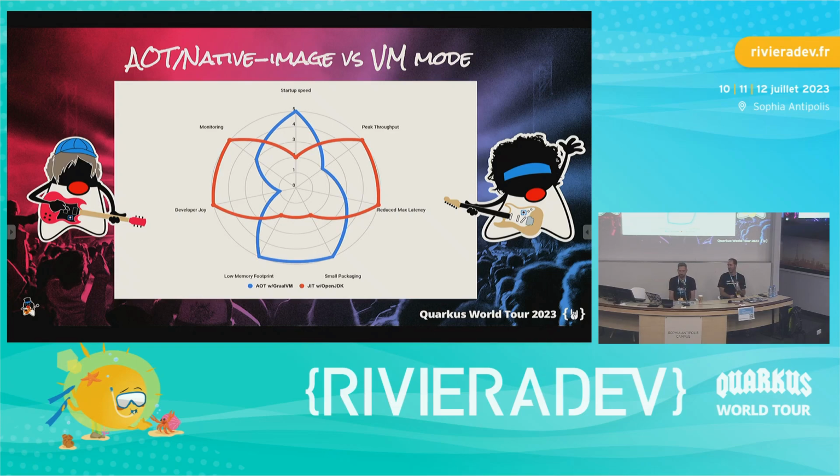Yeah. And maybe just to add to that, the dev mode, as you're developing on your local machine, you can do all of that. It's just the packaging afterwards that's going to change between the native compilation or the traditional OpenJDK that you're using. So as you're developing, you can use just dev mode like you would typically. It's not that as you're developing your code, you're going to compile to native every time to test it, right?